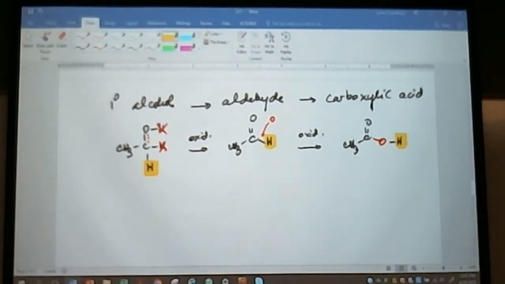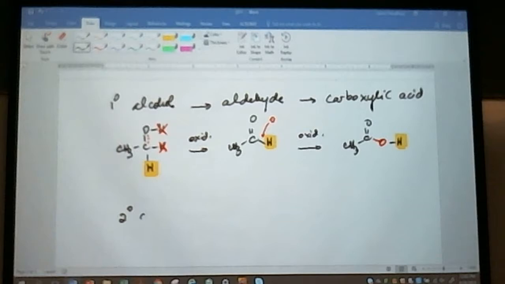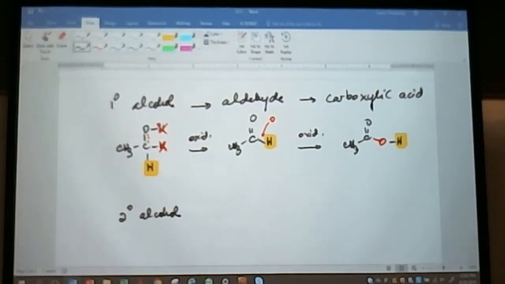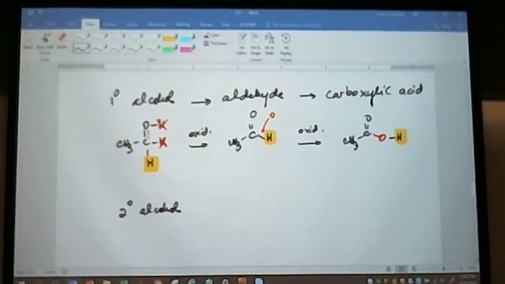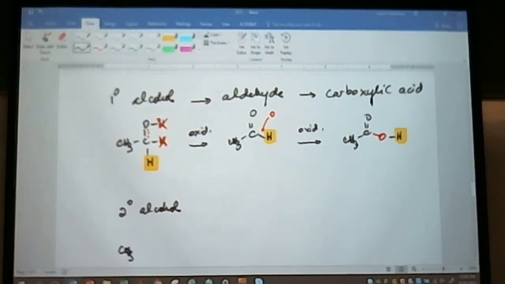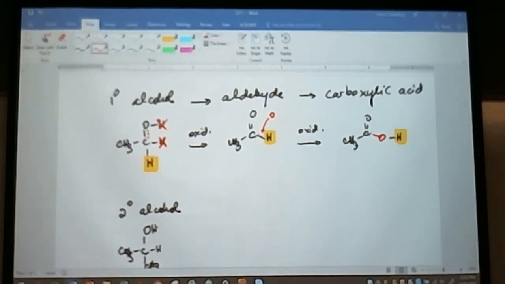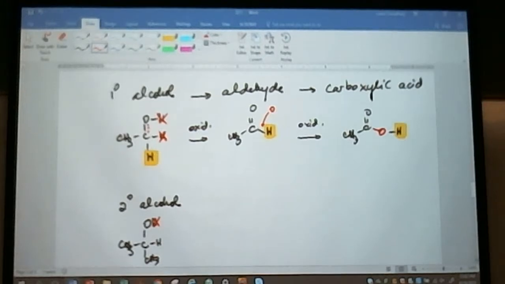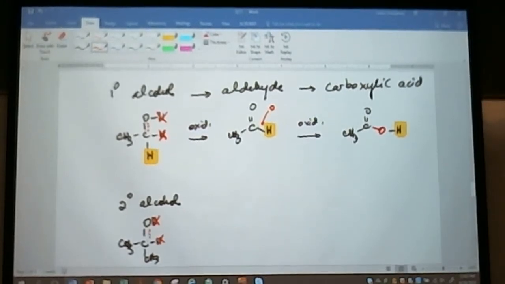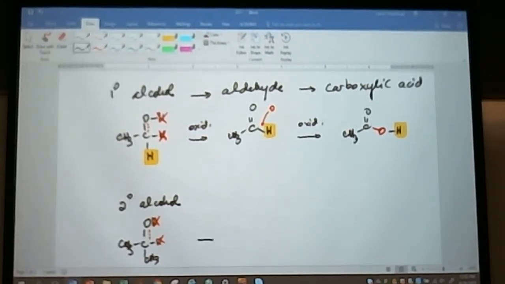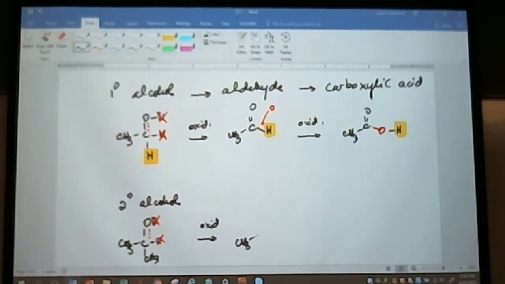But I need to start from a primary alcohol to form a carboxylic acid. Because if I start from a secondary alcohol, right, so if I had a secondary alcohol, when I remove hydrogen and form a double bond here, what am I forming? Ketone. Ketone, right?